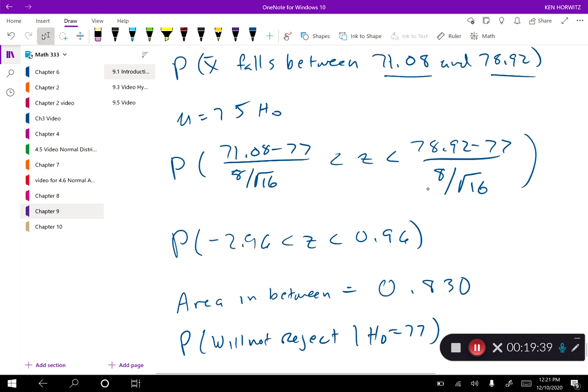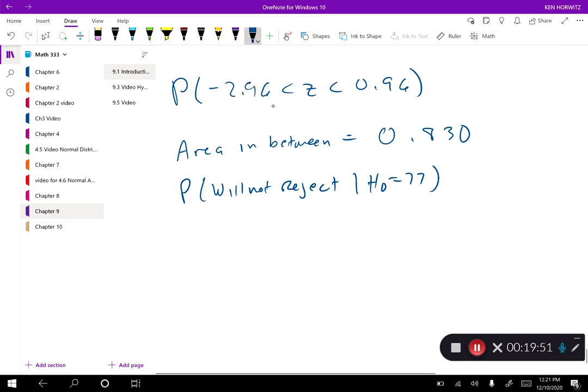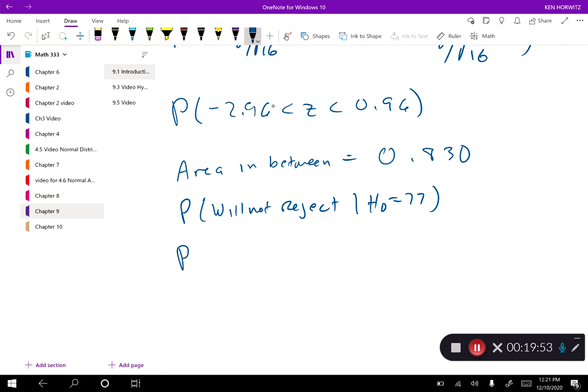Because our original theory, our null hypothesis, was that mu equaled 75, and we know that's wrong. So we will not reject, even though the null hypothesis is wrong. I call that a type 2 error.